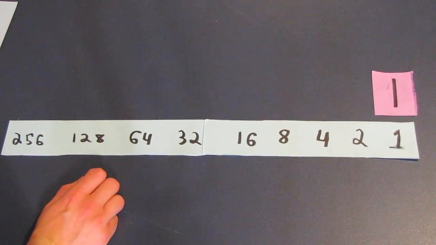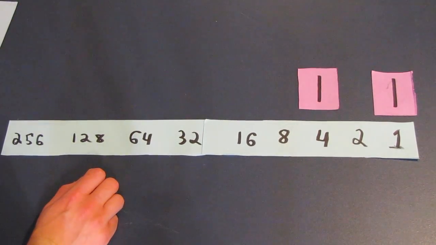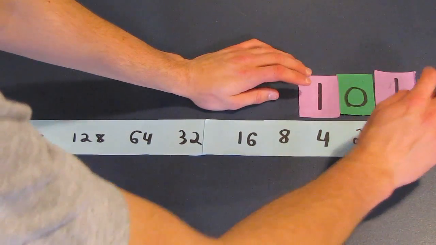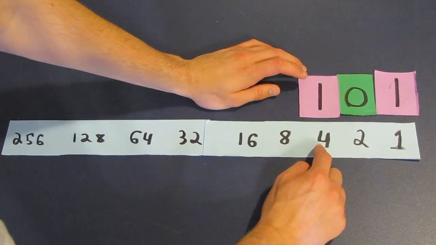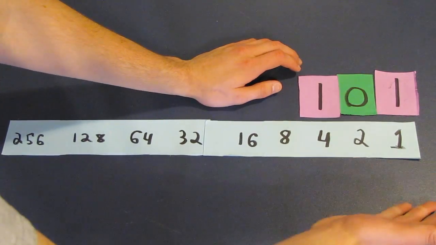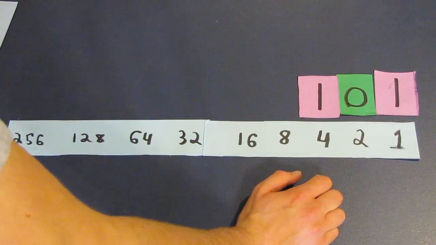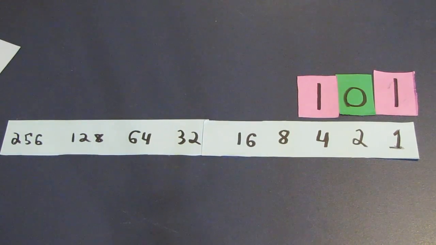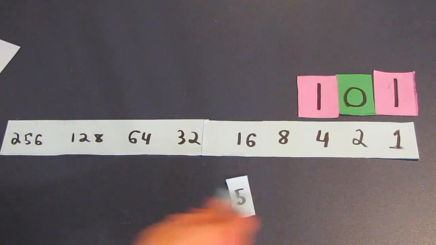If we are looking at other numbers, let's say we have 1, 0, 1. Well, this is 1. This is 4. So the answer is 5. Here, I guess I can use some decimal numbers to represent this. So this is 5.